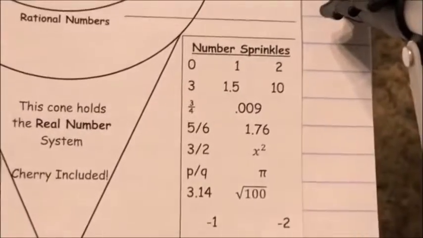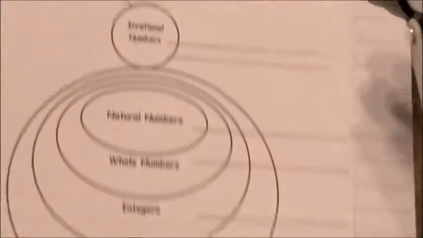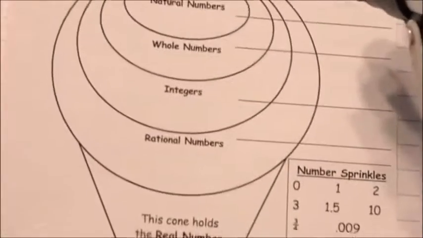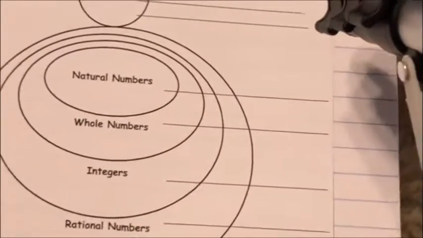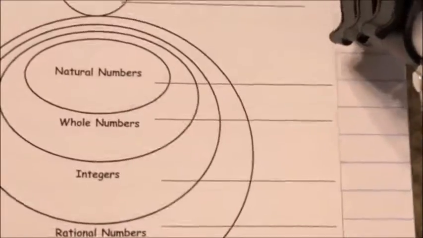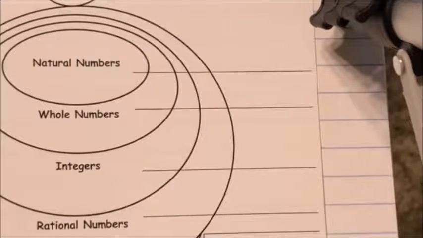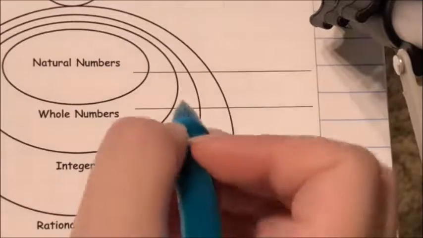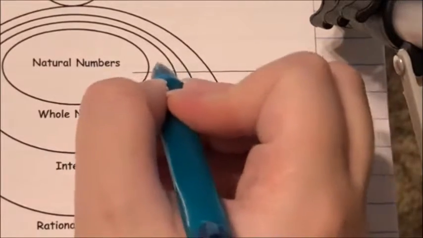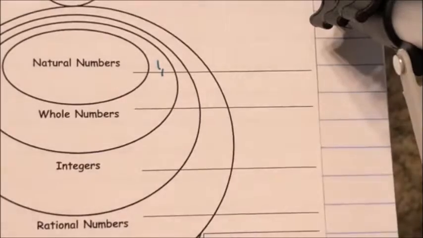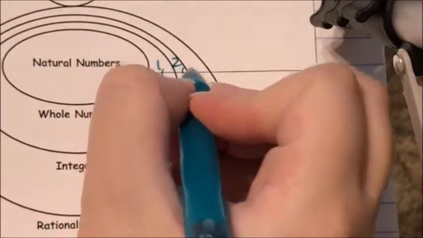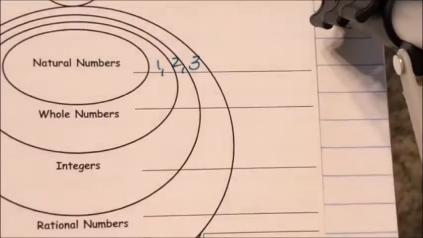So now that you're done, we're going to go over the answers together. So we're going to start with your natural numbers. Okay, natural numbers are any counting numbers that don't include 0. So if I go through natural numbers, my number sprinkles, I have 1, 2, and 3.